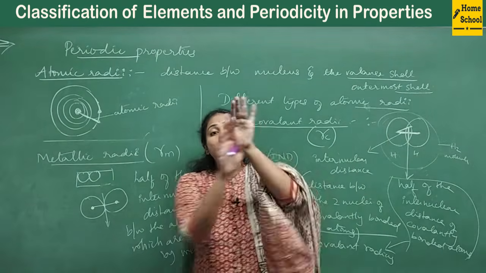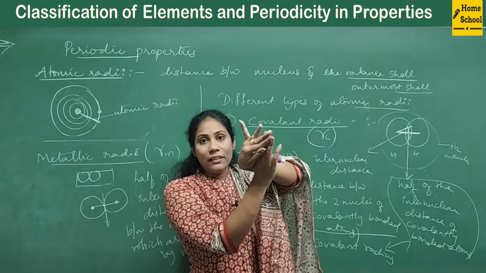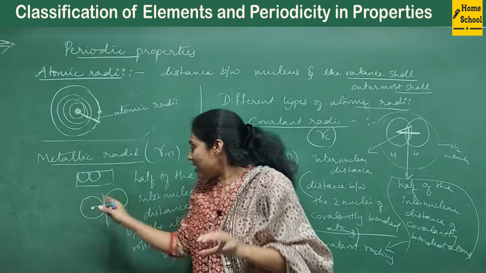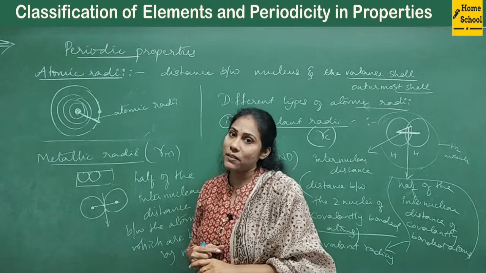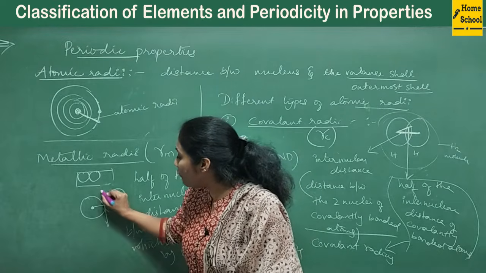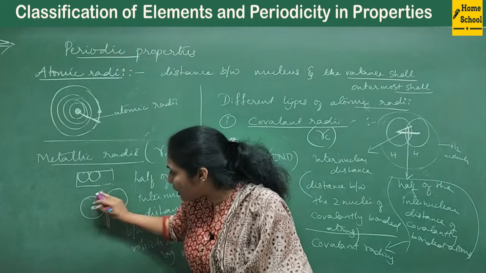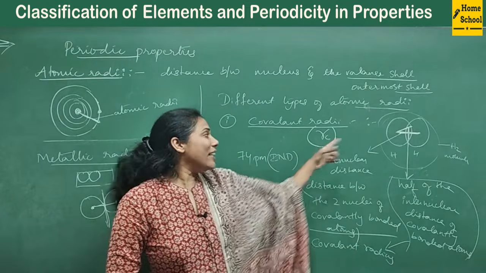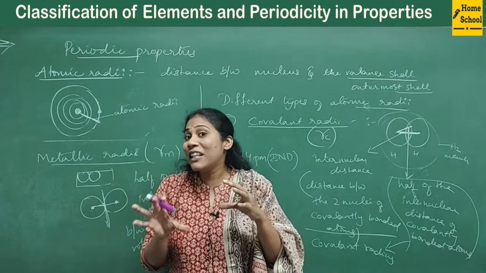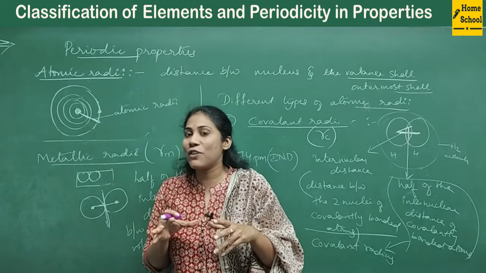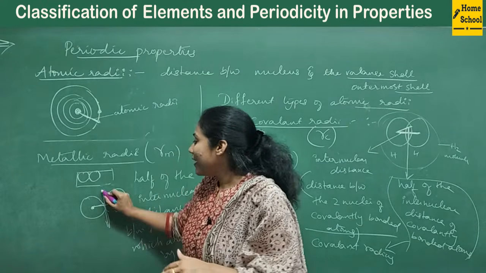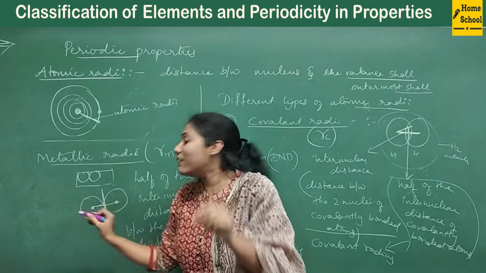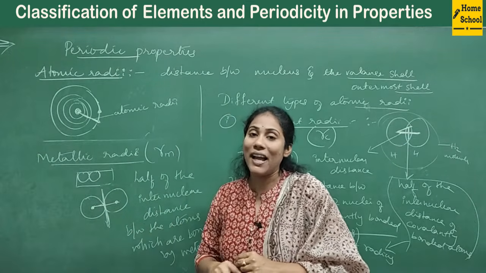Covalent bond is formed by overlapping, whereas metallic bond is formed like this: two atoms just touch each other. So half of this distance will be the actual radius of one single atom. I told you covalent radii is actually much smaller than the actual radius of the atom, but this metallic radii will be exactly equal to the actual radius of the atom.